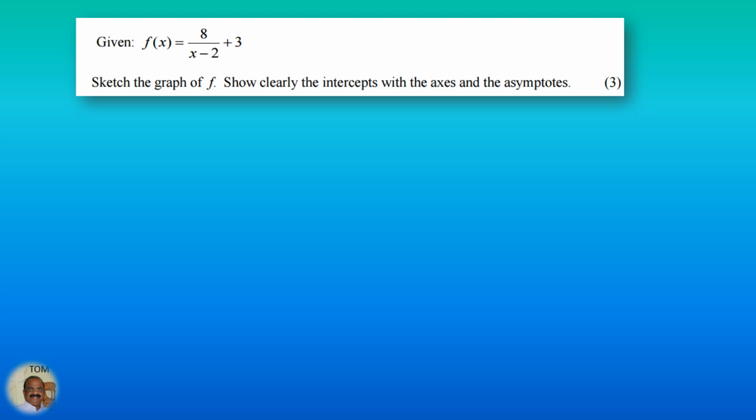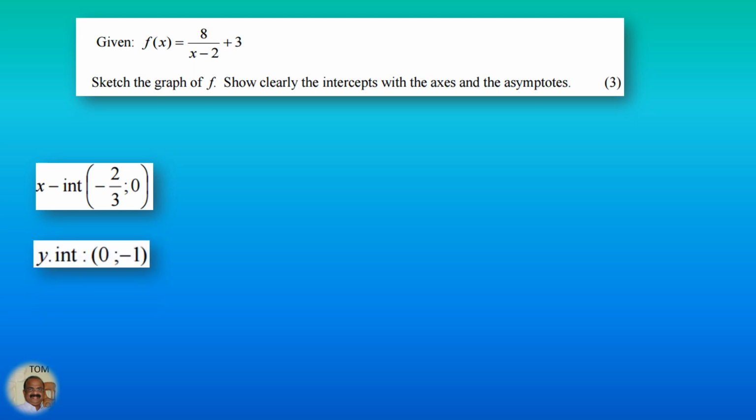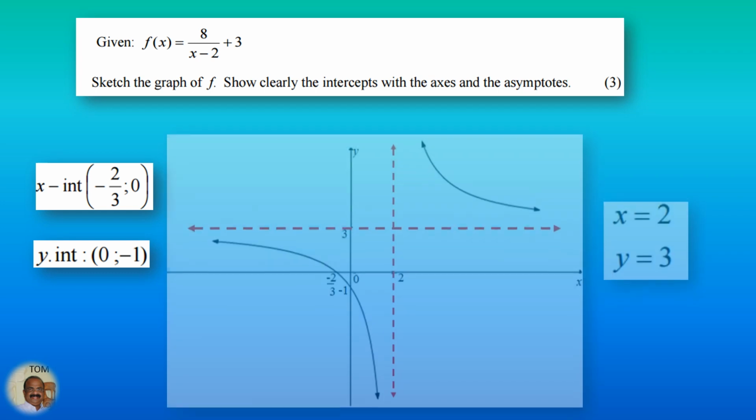Sketch the graph of f. Show clearly the intercepts and the asymptotes. 3 marks for that. Sketching the graph of the hyperbola. We have the x-intercept minus 2 over 3, 0. We have the y-intercept 0, minus 1.